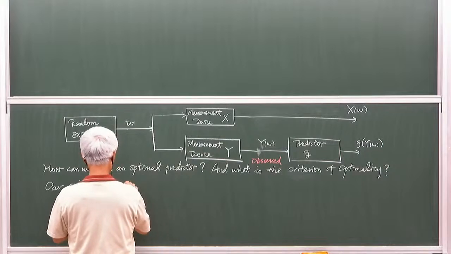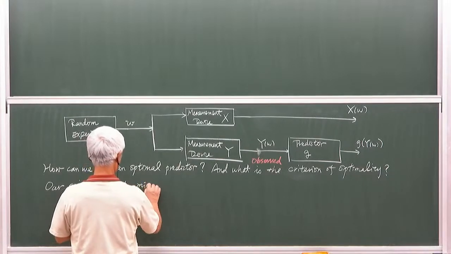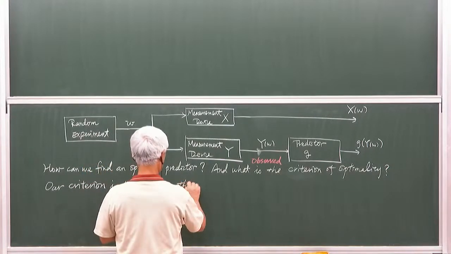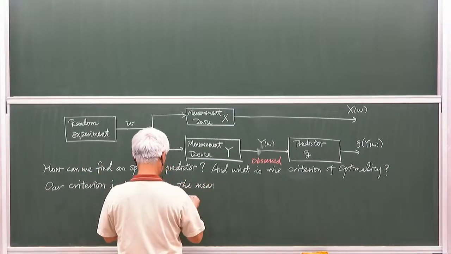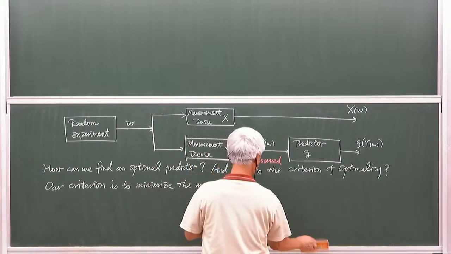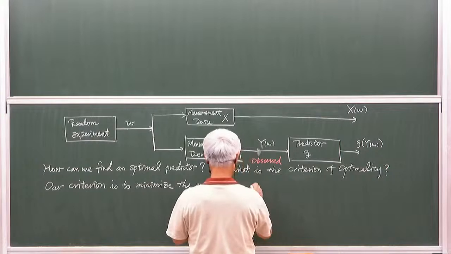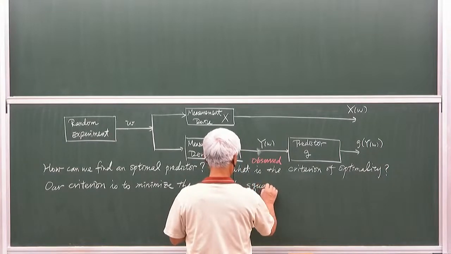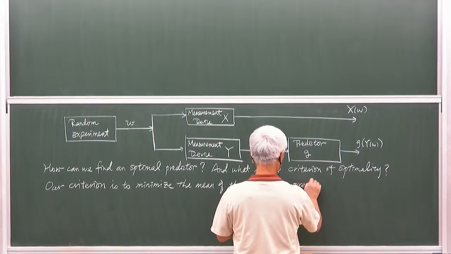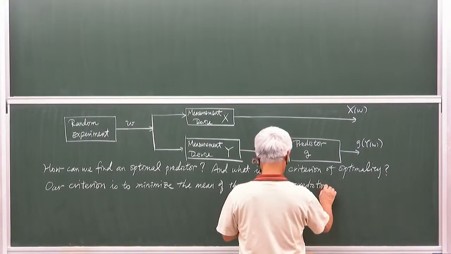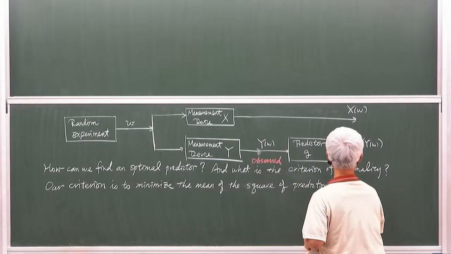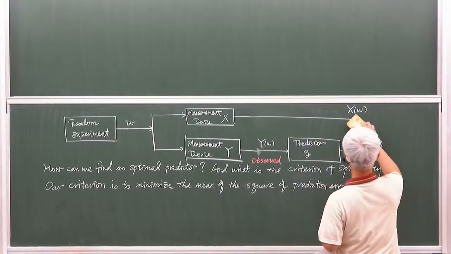The criterion is to minimize the mean of the square of the prediction error.